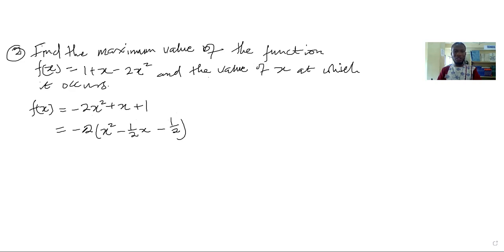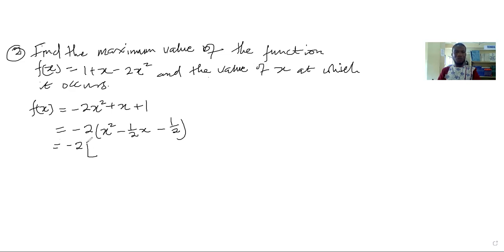So that when we use this negative 2 to open this bracket, we will get our question back. That's why the signs inside have changed. So the second step is we are going to take half of the coefficient of x, which is negative 1 over 2, and that will give us negative 1 over 4. We add and subtract the square of that to the expression here so that it becomes negative 2.